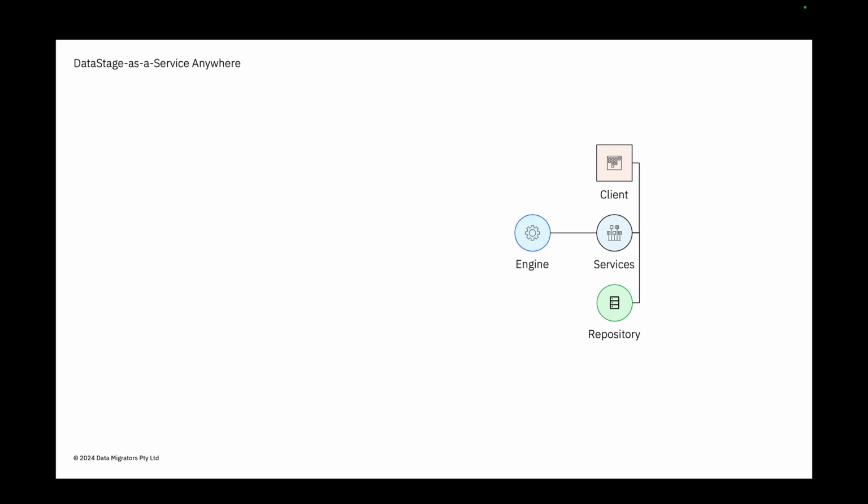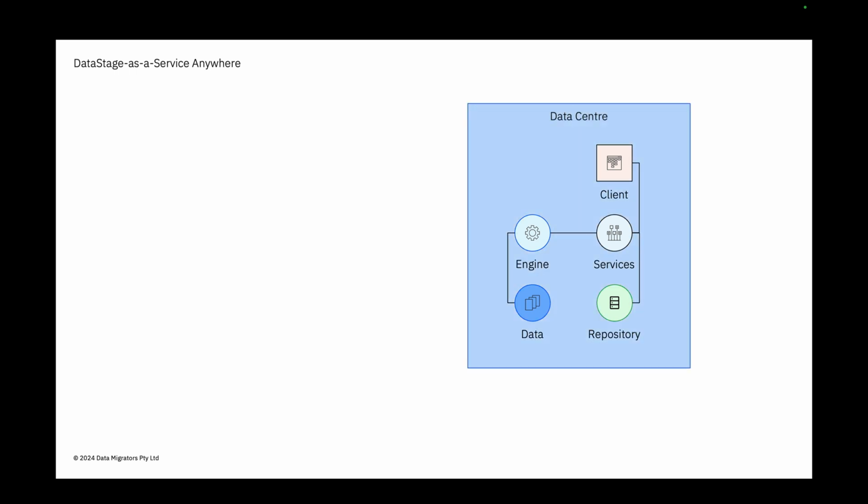And of course, they all served to design and build jobs which were deployed to your engine tier, which sat co-resident with your data. And you would typically host all of those tiers on your own data center or your own cloud environment.